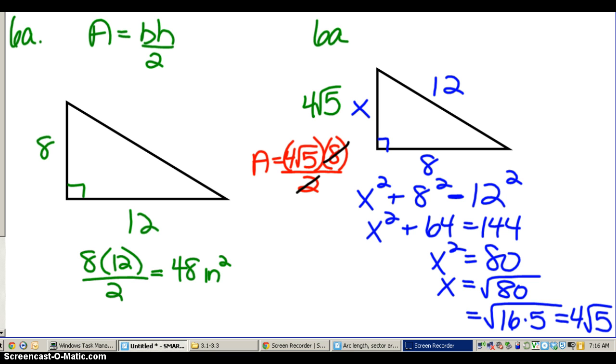So my 8 and my 2 will reduce to be a 4, and that will give me a 16 root 5. And root 5 is a little bit above 2, so I know my final answer would be something that's a little bit above 32 if I happen to round it. So 16 root 5 inches squared.